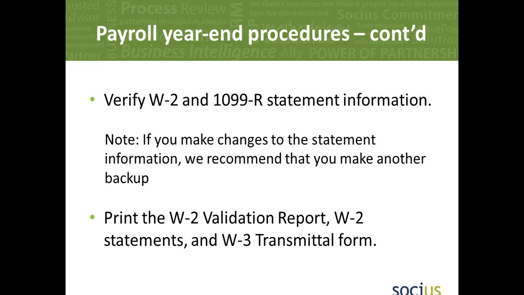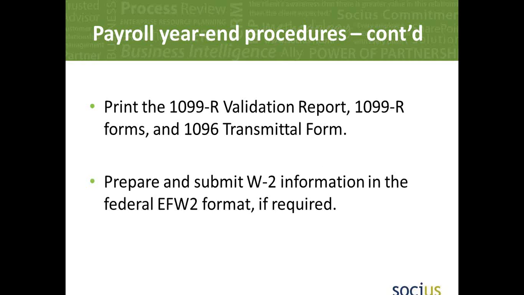So once the information's been validated, then you can print your W-2s and your W-3 transmittal form. You can also then print your 1099-R validation reports and the 1099-R forms.